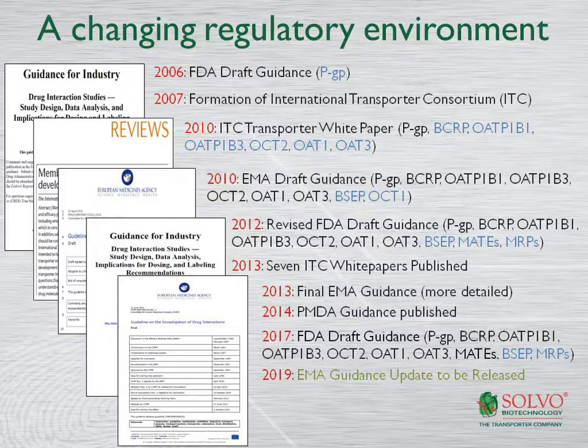And here they included the MATE transporters, and they still recommend BCRP and MRPs. It was originally planned by the EMA also in 2017 to publish a new guidance, but the new time frame will be maybe 2019, with much more details.